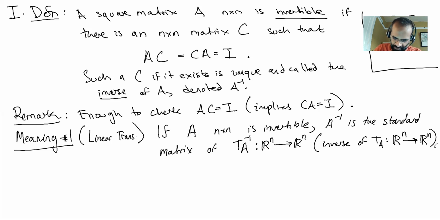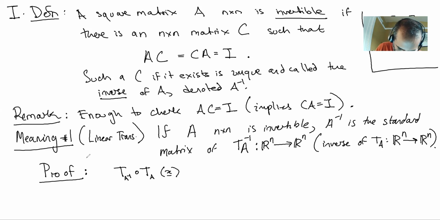Okay. Now, this may look a little abstract. Well, first let me give you a proof of this. The proof is that, let's look at multiplication by A inverse composed with multiplication by A, applied to some vector X, right?